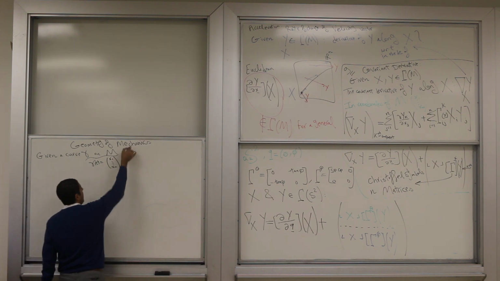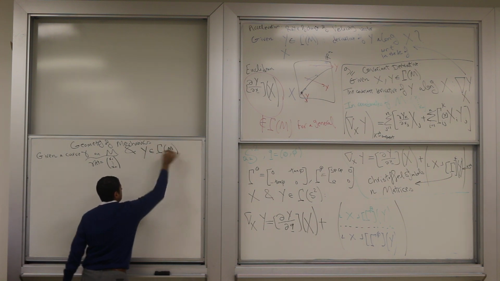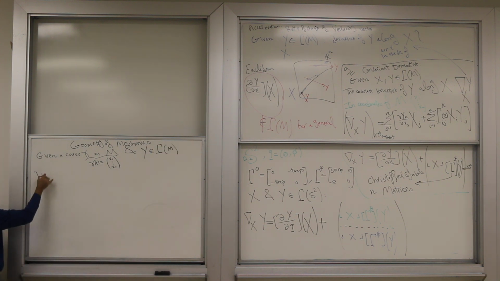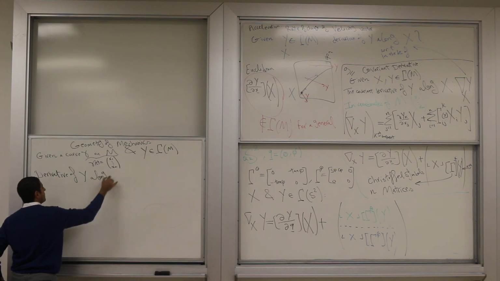Given a curve and a vector field y, what is the derivative of y along the curve?